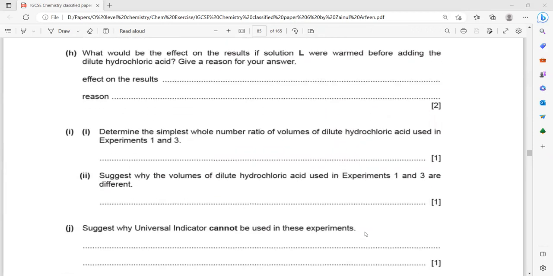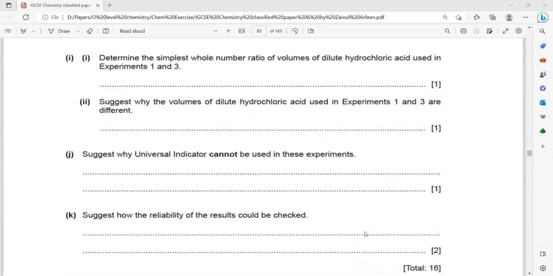And experiment 3, how much was used? It was 23.2. Yeah, that's right. So the first experiment was 11.6 and the third experiment is 23.2. So the simplest ratio is 1 is to 2.